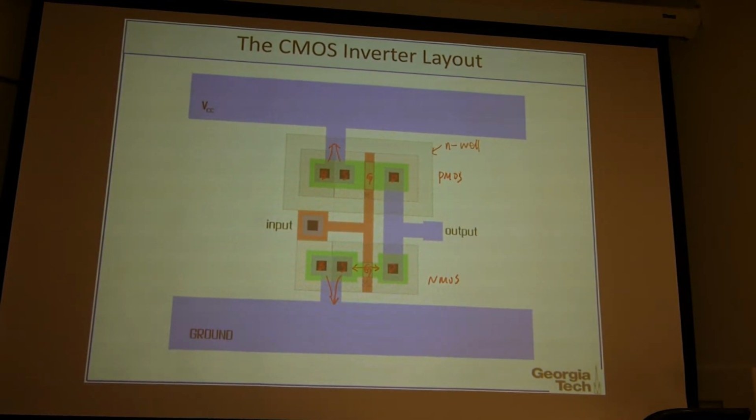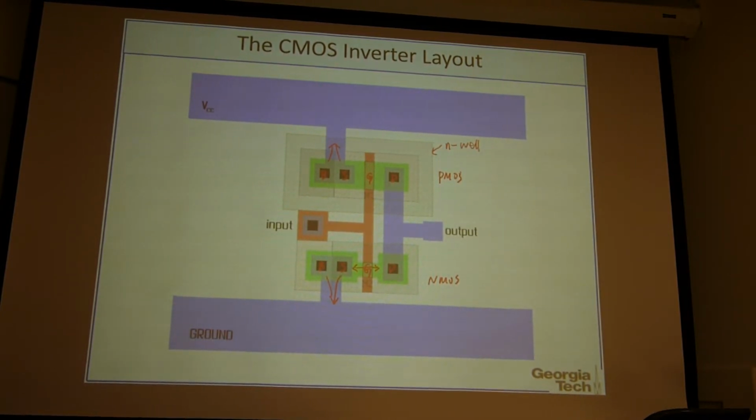Basically, you need to define the geometry, like the distance, the length, the dimensions. And then you're going to send this layout to the manufacturer. For example, TSMC or Samsung foundry, they will fabricate the chip based on the design rule you set up here.